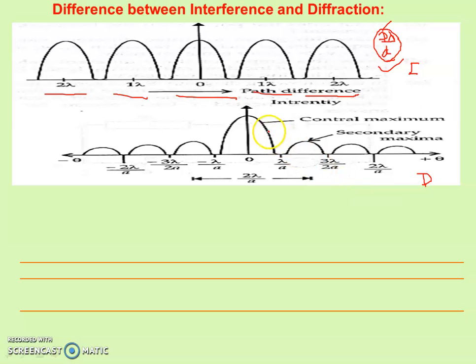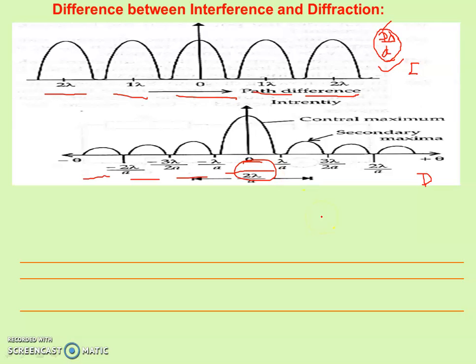But observe here, the width of the central maxima is double as compared to the secondary maxima. All secondary maxima have the same width except the central one. The central maxima has double width.